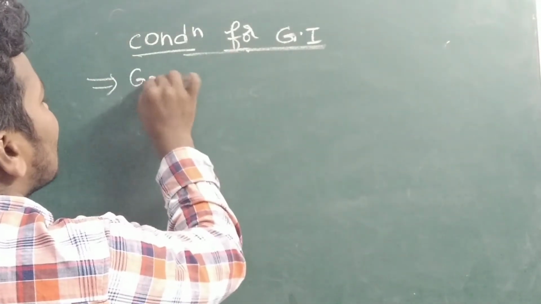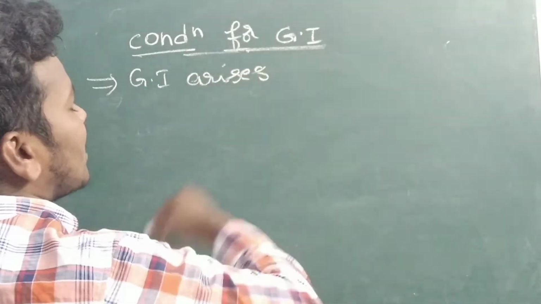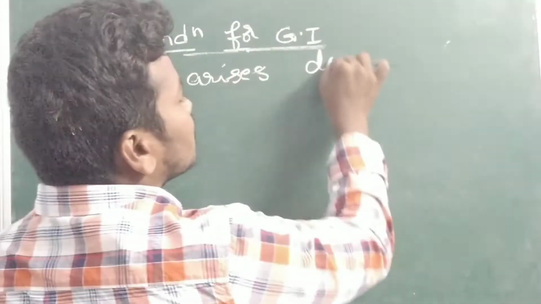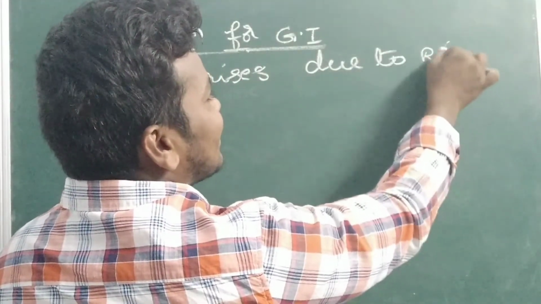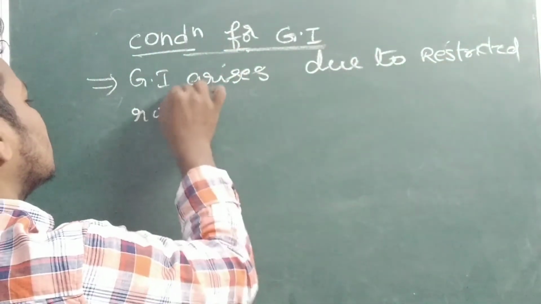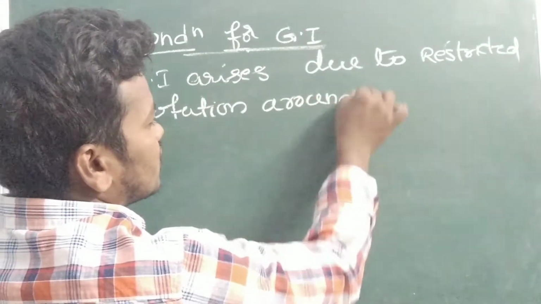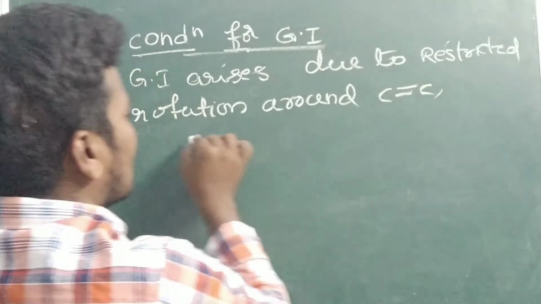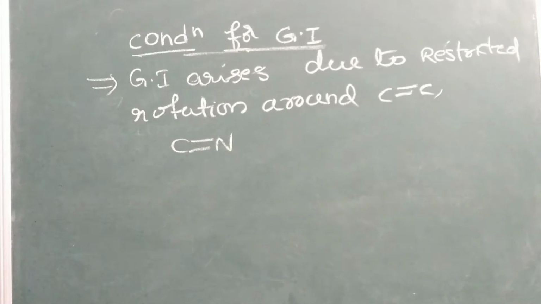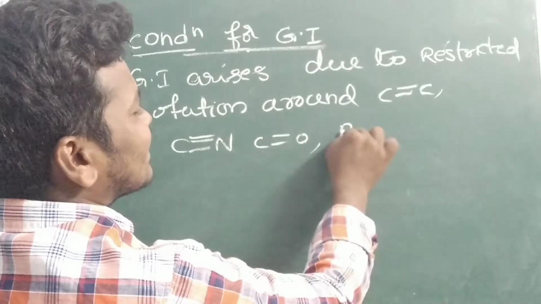Geometrical isomerism arises due to restricted rotation around carbon to carbon, carbon to nitrogen, or carbon to oxygen double bonds, or a ring.